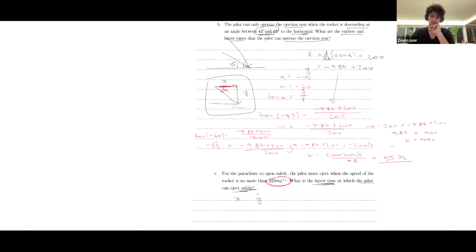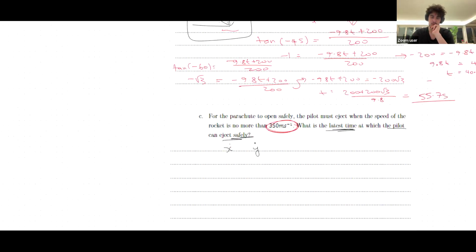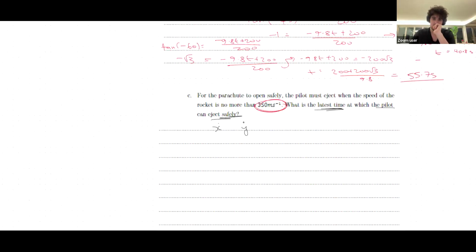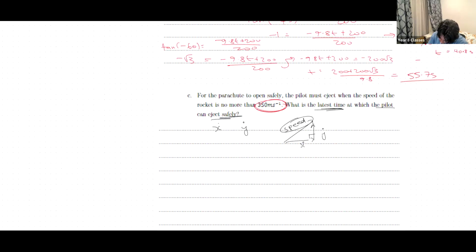A little hint: like x squared plus y squared. Yep, it's going to be root x dot squared plus y dot squared. So this is what speed is.